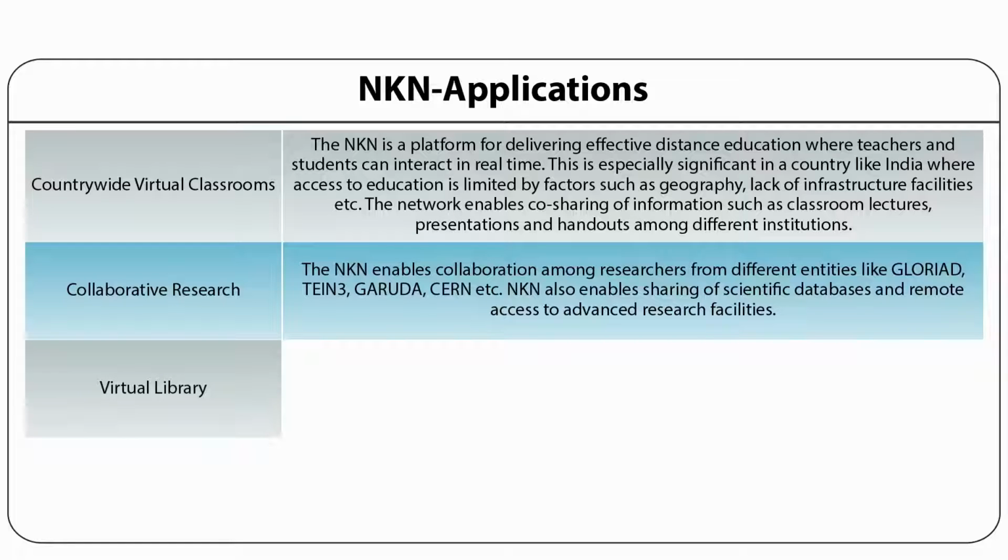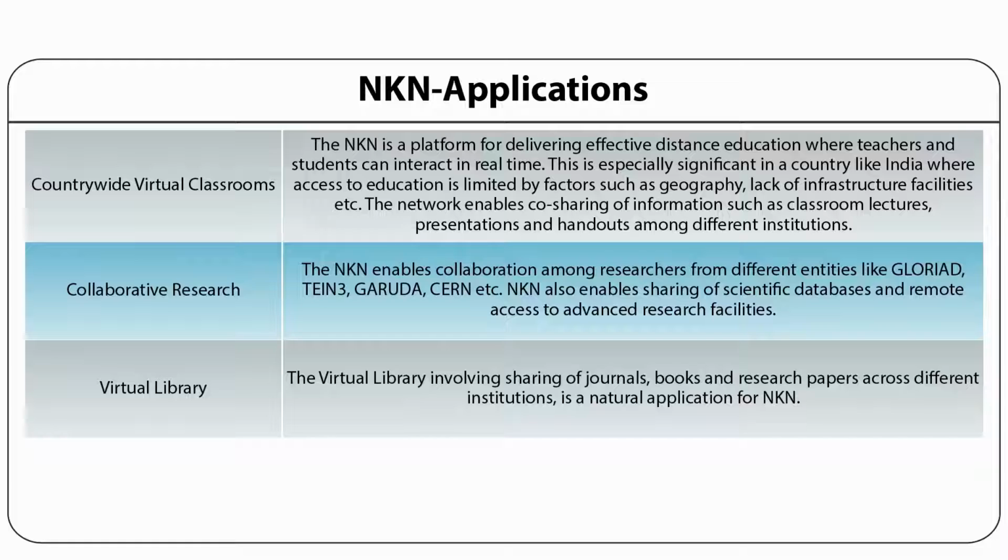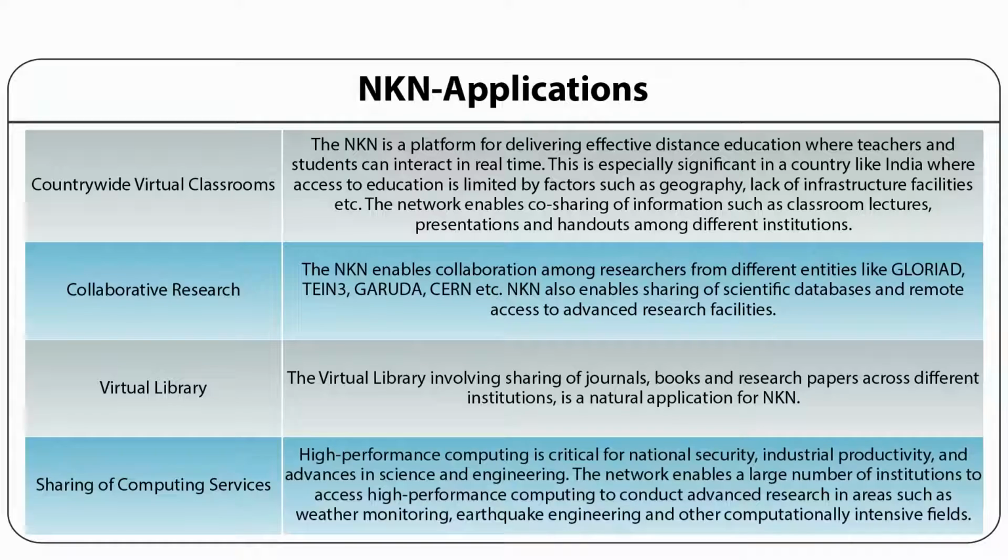Virtual library. The virtual library, involving sharing of journals, books, and research papers across different institutions, is a natural application for National Knowledge Network. Sharing of computing services, high performance computing, is critical for national security, industrial productivity, and advances in science and engineering.